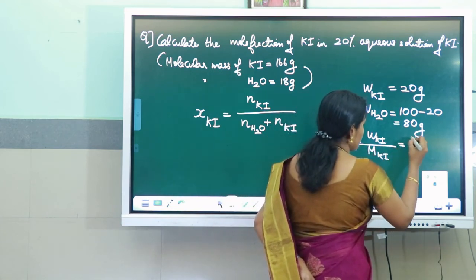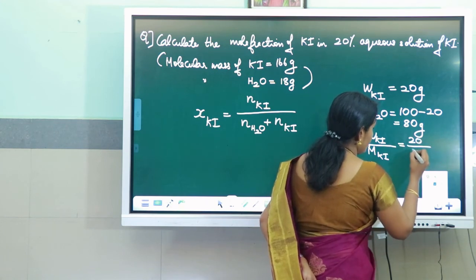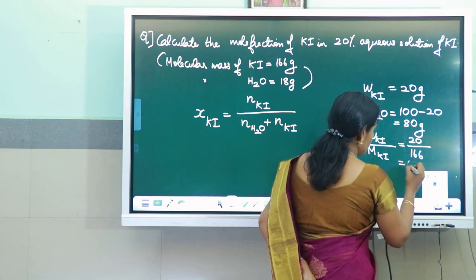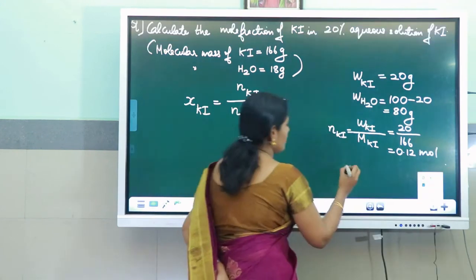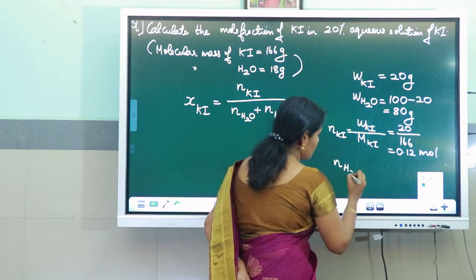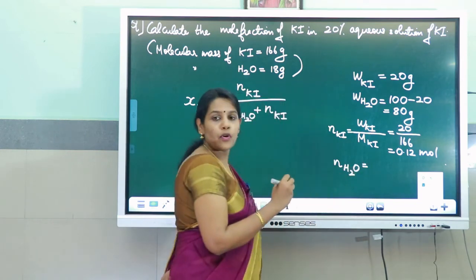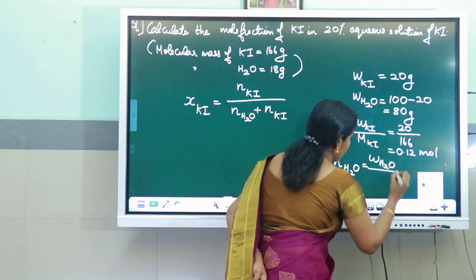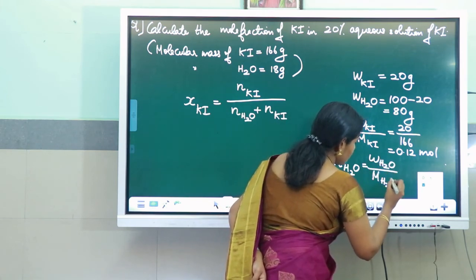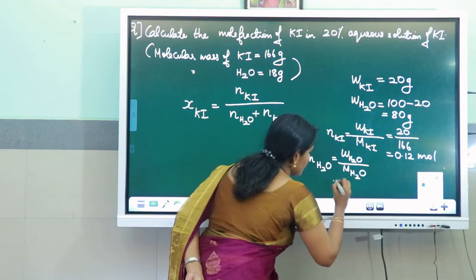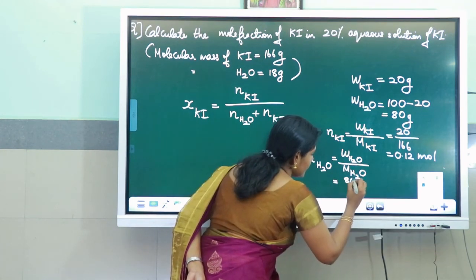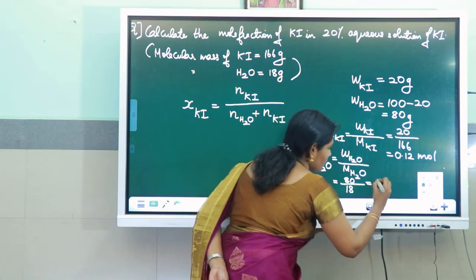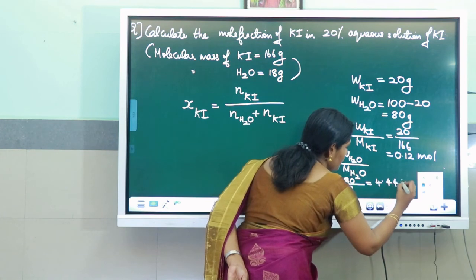That is equal to 20 divided by 166, 0.12 mole. NH2O, number of moles of water, is equal to WH2O divided by MH2O, is equal to 80 divided by molecular mass of H2O, that is 18, that is equal to 4.44 mole.